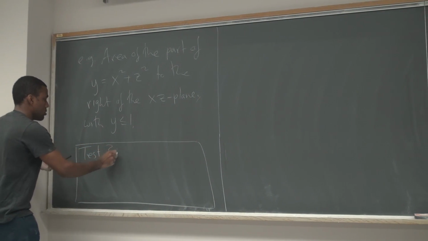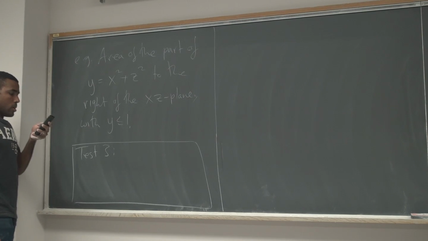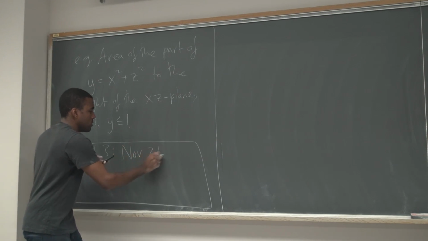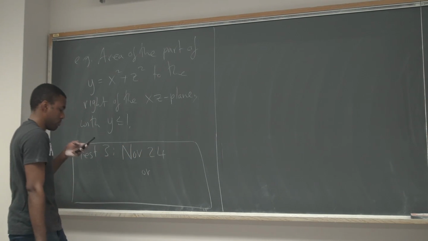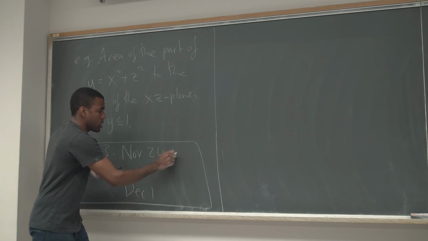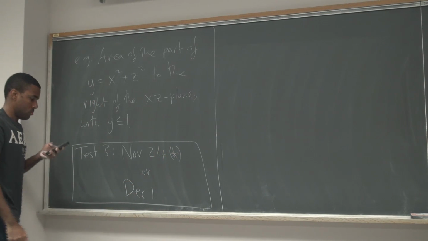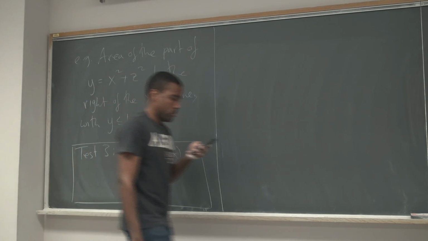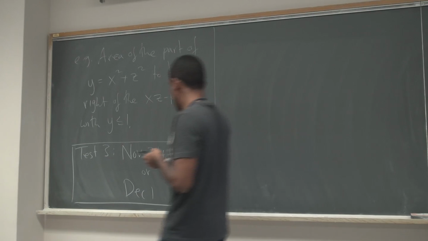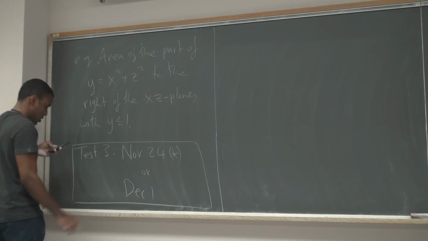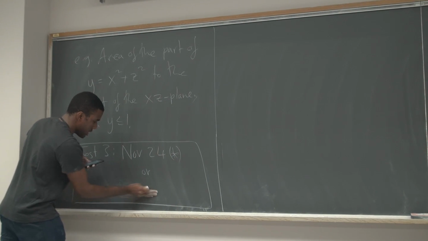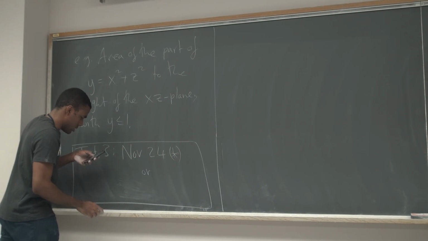Test 3 is going to be November 24th or December 1st. This one's more likely. Is that Thursday? No, that's a Tuesday. So the next one, if I don't give it on the Tuesday, I give it on the Thursday, which is actually the 20th.